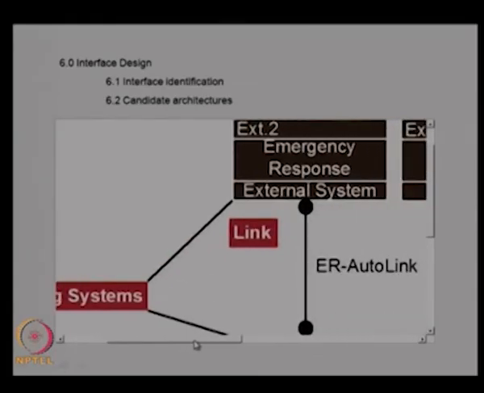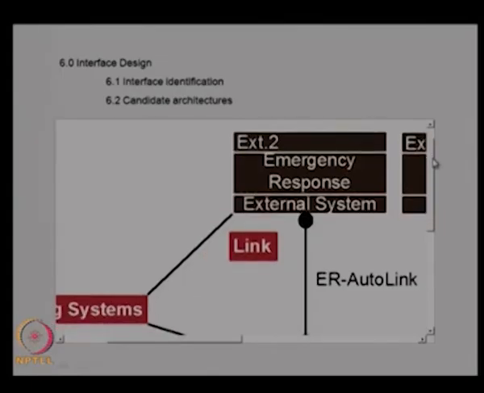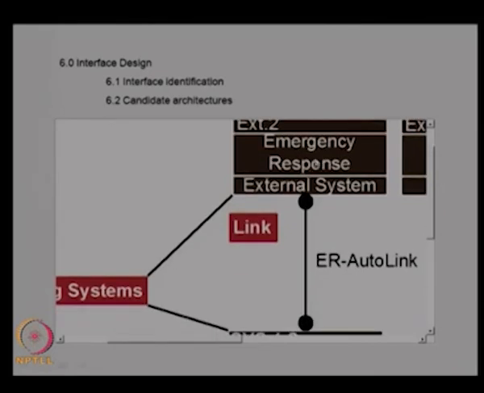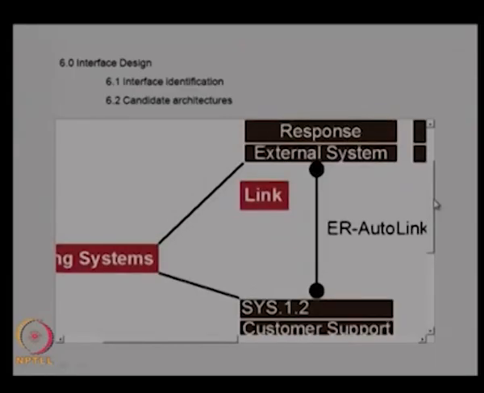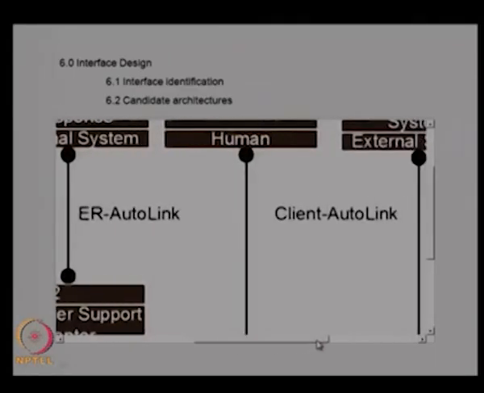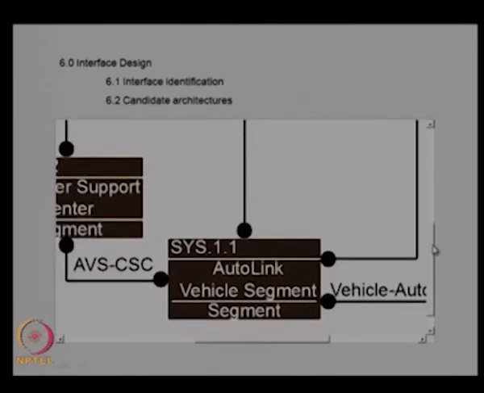We try to identify the interfaces required between the system and external systems, as well as the system and its subsystems. So, here you can see there are different interfaces between the emergency response and customer support. There is an interface, an Autolink interface. Then you have the human and the Autolink vehicle segment interface.